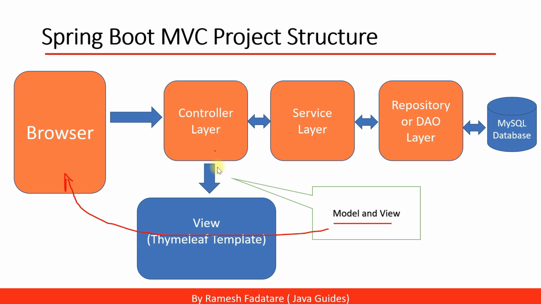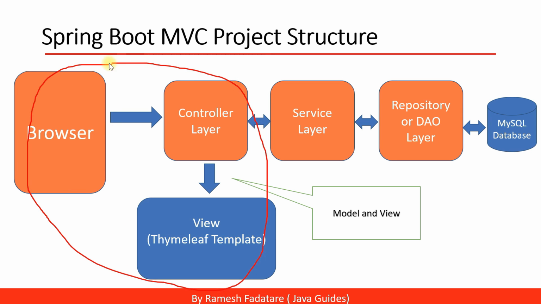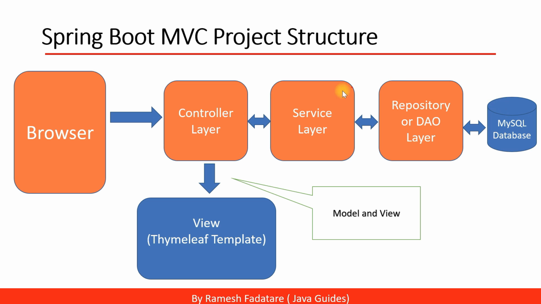So this is the MVC design pattern. We are going to use Spring MVC. The controller layer basically processes the request, and it will get the data from the database by using the service and repository layer, and that model data is bound to the view, and that generates a web page. That web page will be displayed on a browser. So this is the simple Spring MVC flow that we are going to implement in this project.